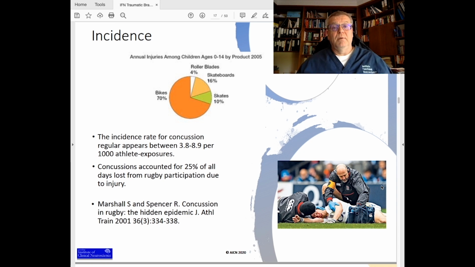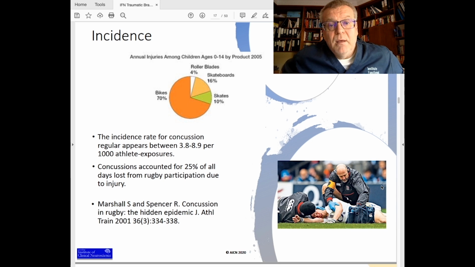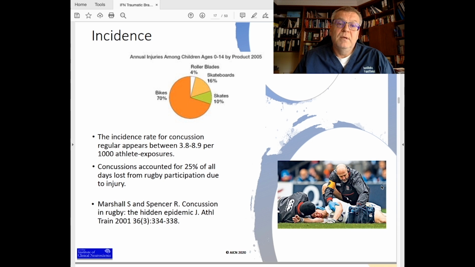Now we also know that concussions are extremely prevalent in things like rugby. And in fact, 25% of all days lost in rugby are due to head injuries, mostly concussions. Now we also have the recreational things that people do. So riding bikes and using rollerblades or skateboards, and even ice skating now is starting to become popular in Australia, in warmer climates where they can support an ice making function.